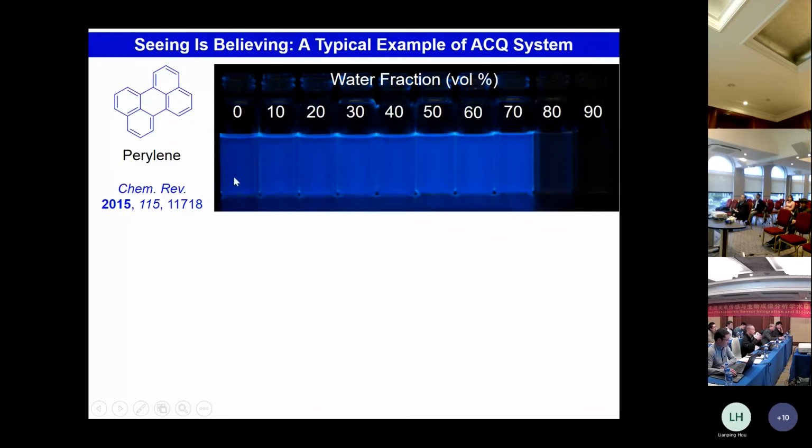This is the so-called aggregation-caused quenching, or ACQ effect. Obviously, this is very harmful to bioimaging applications, because when you inject this kind of solution into a cellular system, the molecules will form aggregates and the emission will be quenched. So you don't see any signal at all.